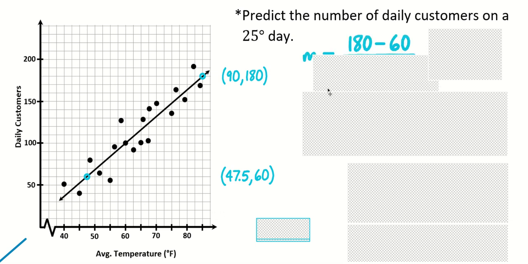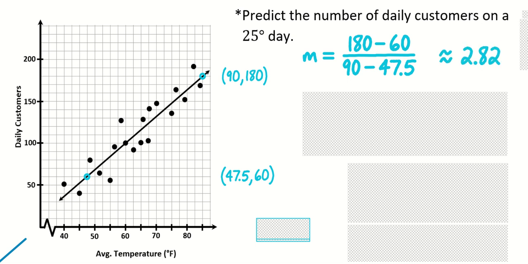But I think to be safe, again, this is nothing new, going with the formula, okay? And just doing like maybe 180 minus 60, y2 minus y1, all over x2 minus x1. And hey, here's something kind of newish for our notes.